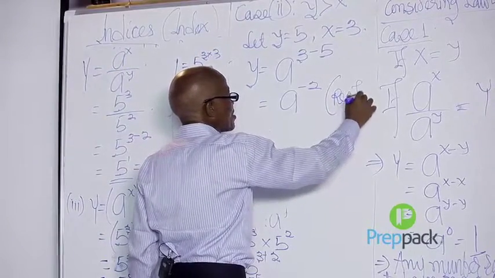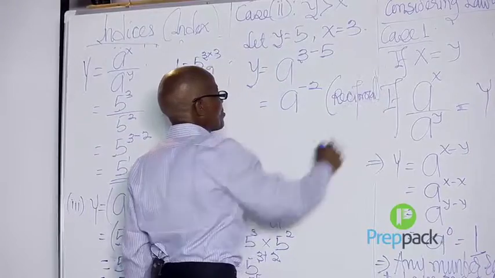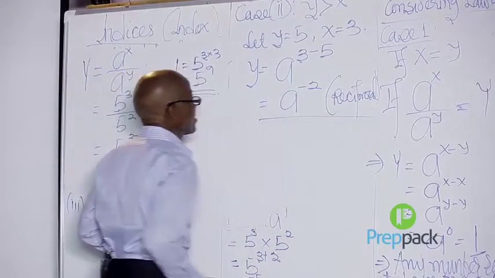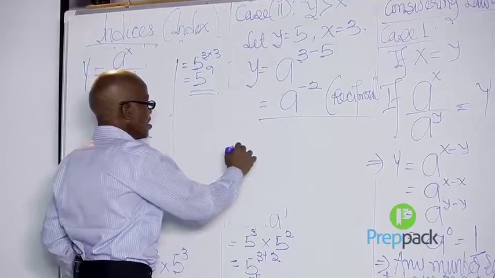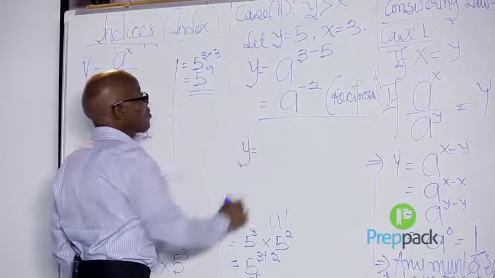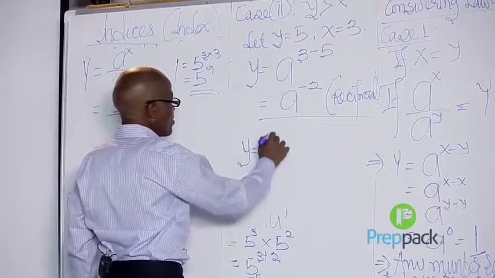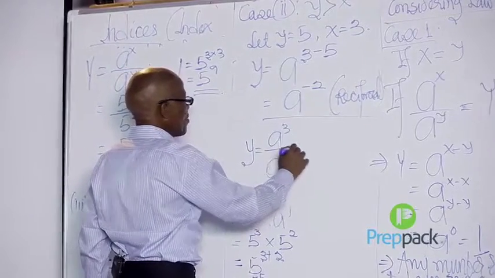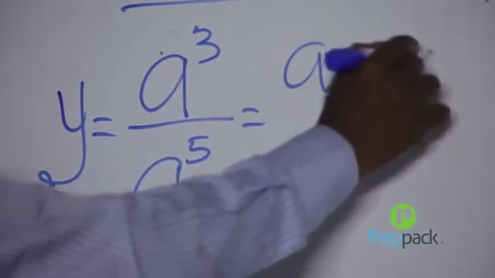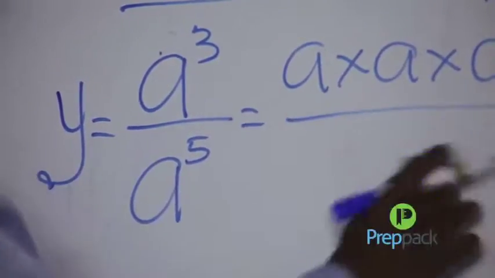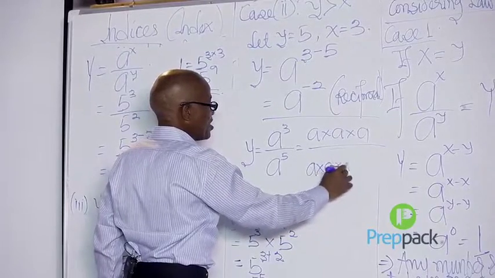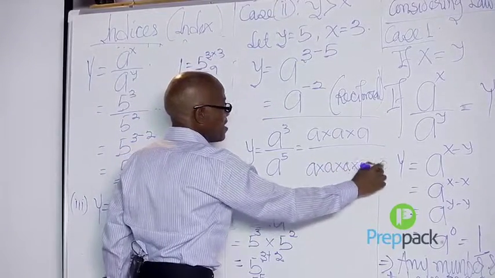What do we mean by that? Remember, the fundamental meaning of this is y equals a raised to power 3 over a raised to power 5, which is a multiplying a multiplying a over a times a times a times a times a.